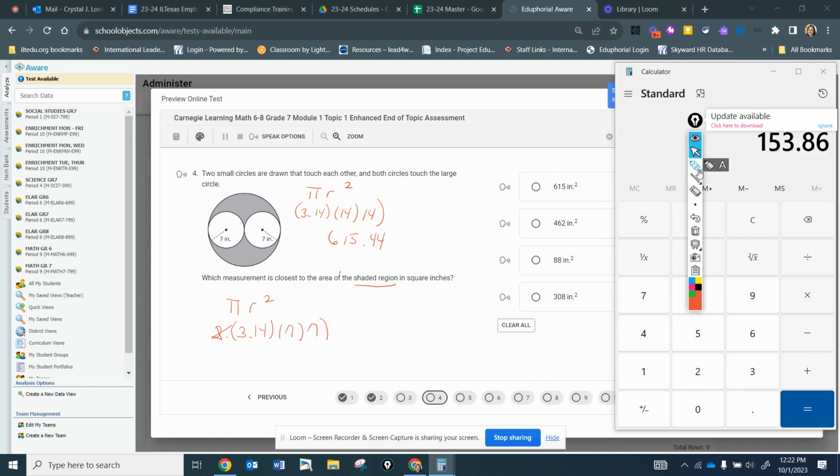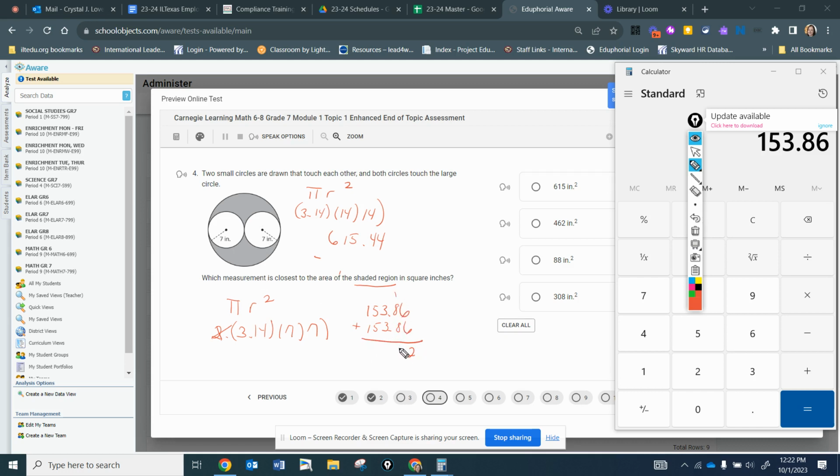Now I'm going to take those two numbers. I'm going to subtract. Wait, I'm not, because notice I have two of those. So 153.86 covers one of the small circles. But now I need to know that I have two exact same small circles, so I'm going to add 153.86 because that's giving me my second circle. Or times 2, either way works.